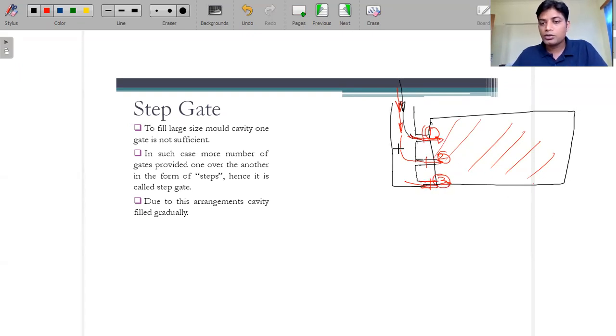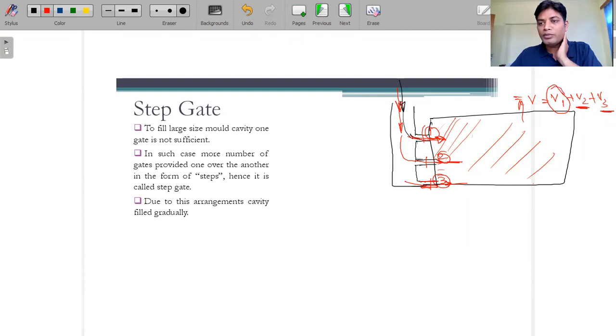If this complete cavity of volume V is filled by 3 gates, it means some amount of the material enters from one gate, another enters from the second gate, and another enters from the third gate. So this volume will be equal to V1 plus V2 plus V3. V1 means the volume of mold cavity filled by the first gate, V2 the volume filled by the second gate, and V3 the volume filled by the third gate. So that we can calculate.